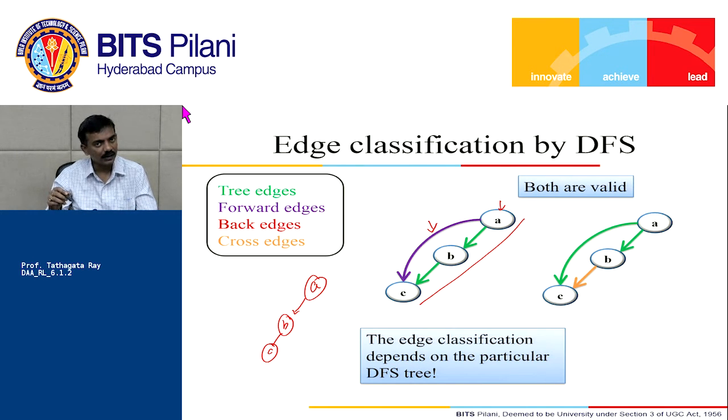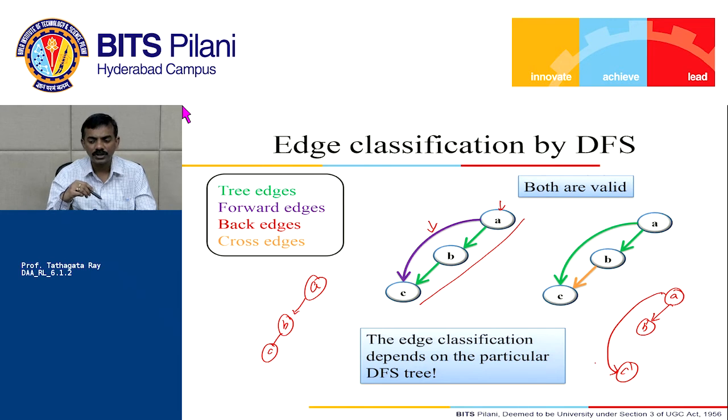There is none. So we go back to A and we are done, because A has no more unvisited neighbors. Now notice that you got a depth first search tree this time as A, B and C.